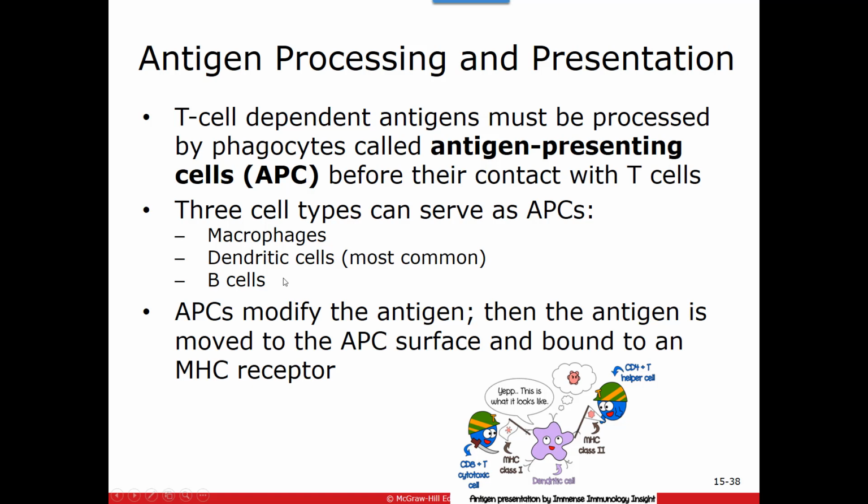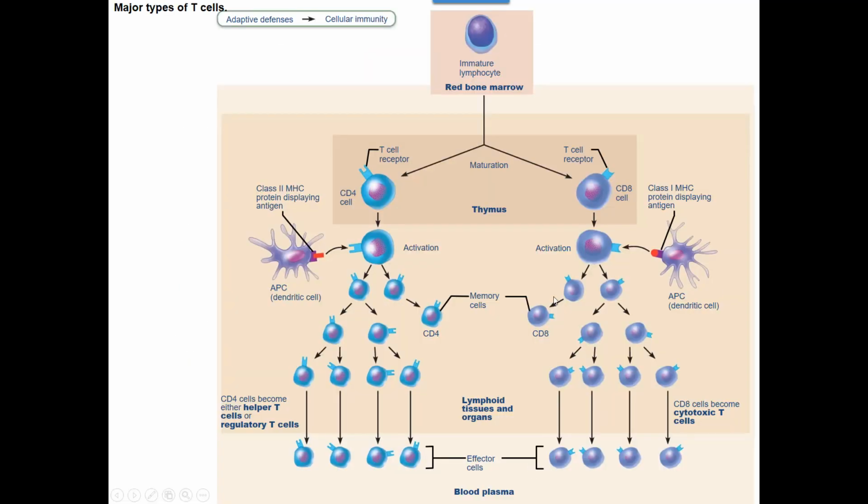Now, this is just showing how we can activate the different cells. We have T cells in the thymus. However, this particular cell is a CD8 cell, it's going to be a cytotoxic cell, but it's not activated yet. It only becomes activated when, here's our dendritic cell, an antigen-presenting cell, and it has class 1 because all nucleated cells have class 1.